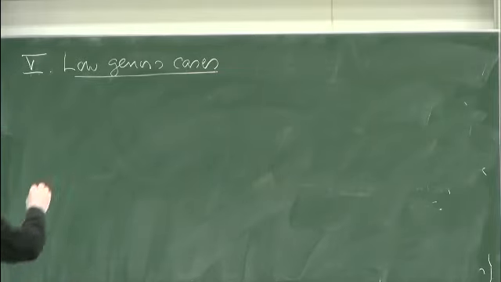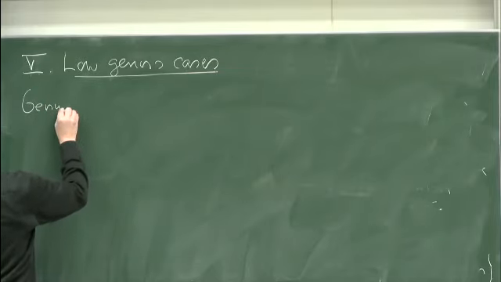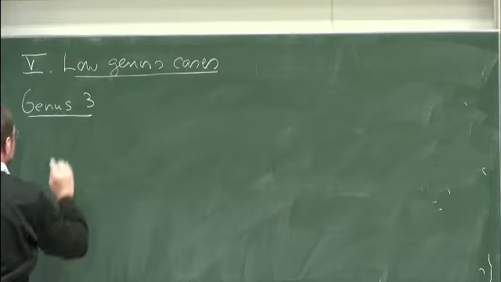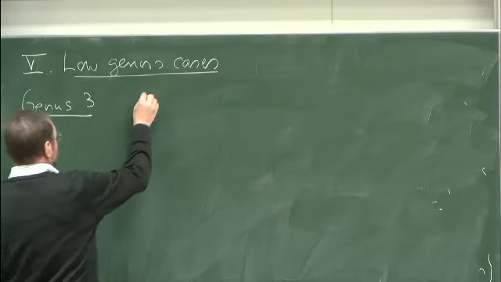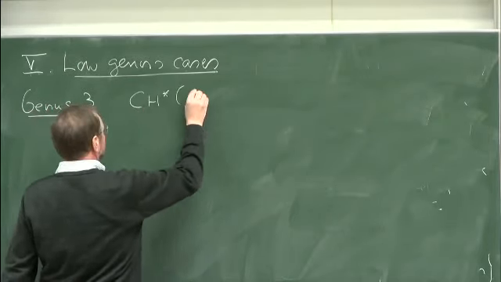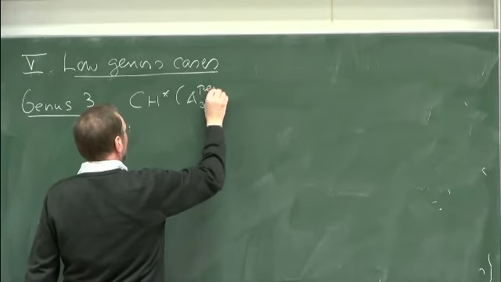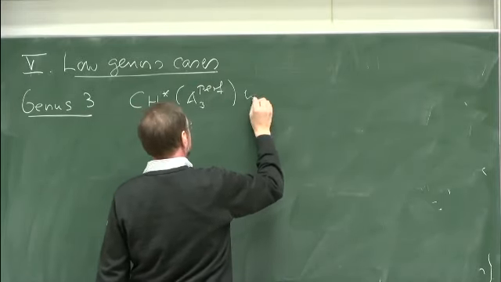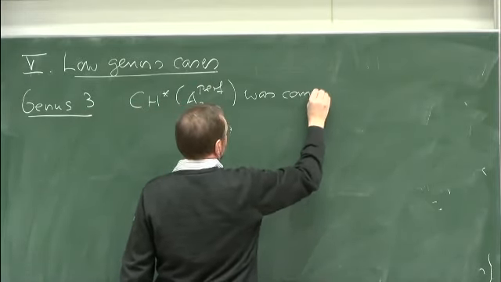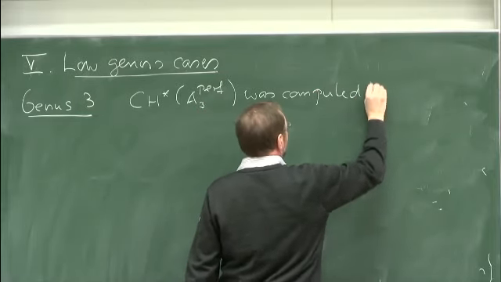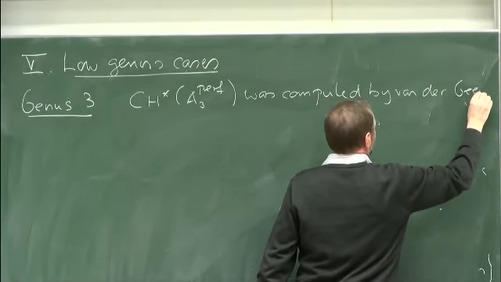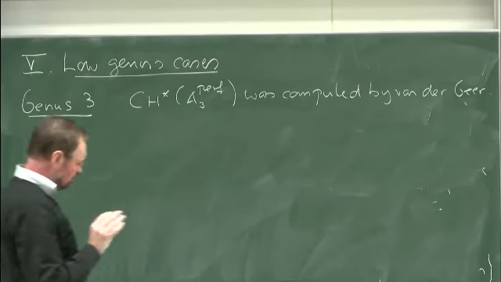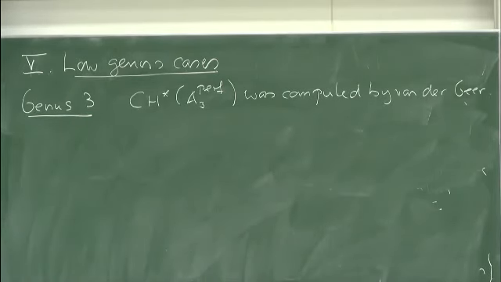Well, the first thing where something happens is in genus 3, and then the Chow ring of A3 perf, we know this. This was computed by Van der Geer. And that also gave us a good check for our method.